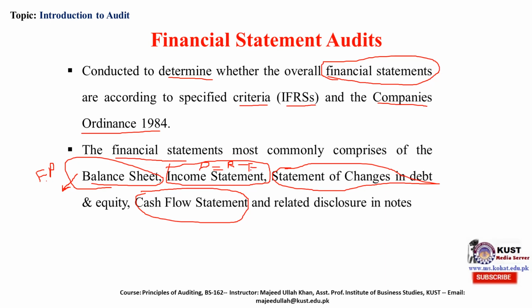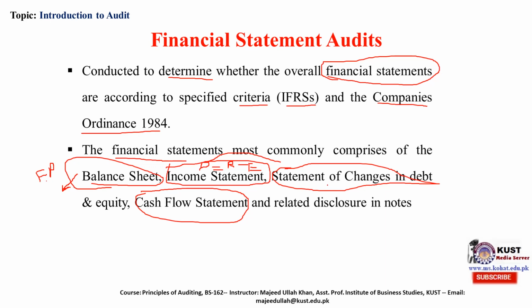And the statement of changes in equity is basically where the profit is then added to the retained earnings item. The statement of changes in equity comprises shareholders' common shares, share premium account, retained earnings, any other reserves, minus treasury stock.